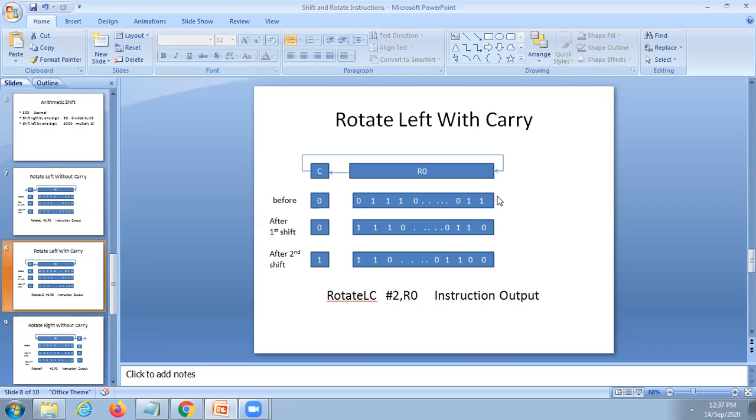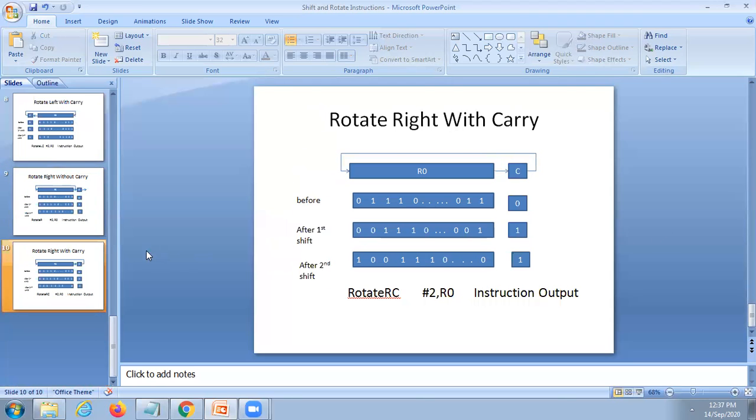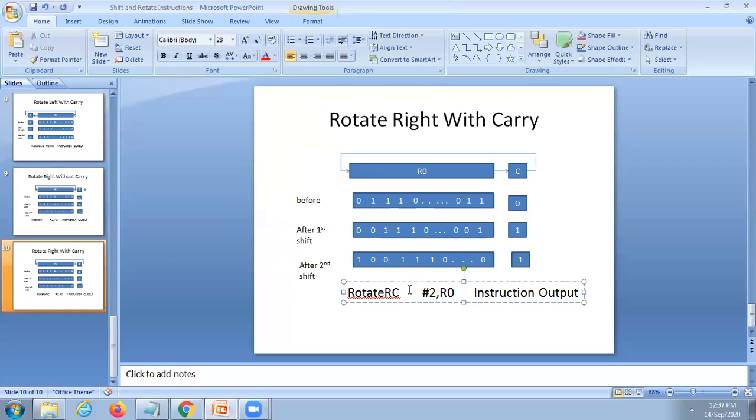Wherever you find the vacant bits, they have to be filled with the content of C. Content of C means the carry flag. Here C is the carry flag. The instruction difference is, if there is a C, that means it is with carry. If there is no C, it is without carry.